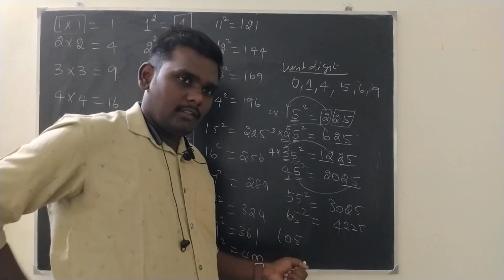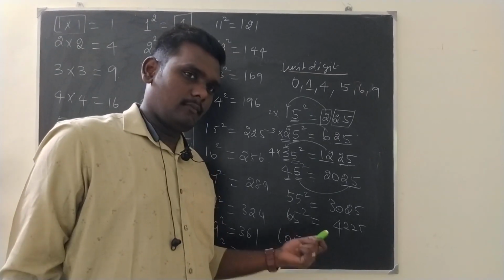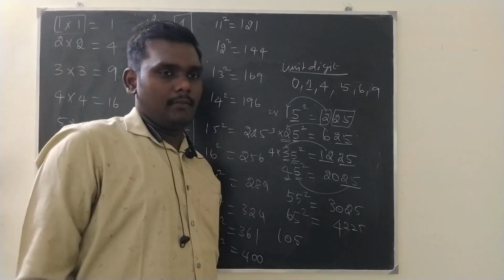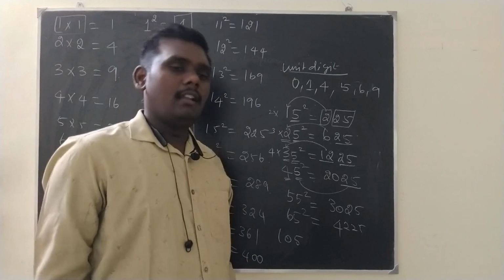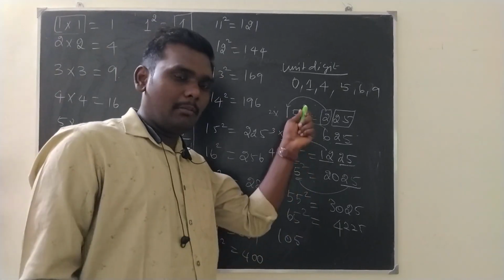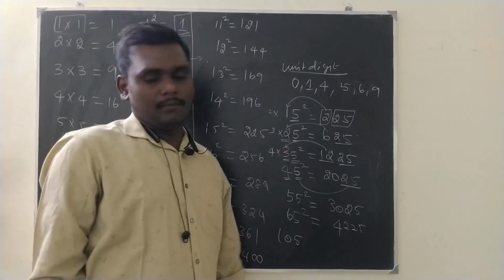Yes, 110 and then 25. Okay. It applies for all the numbers. So whenever a square is required, you don't need to memorize a number ending with 5. All you need to remember is this trick alone.